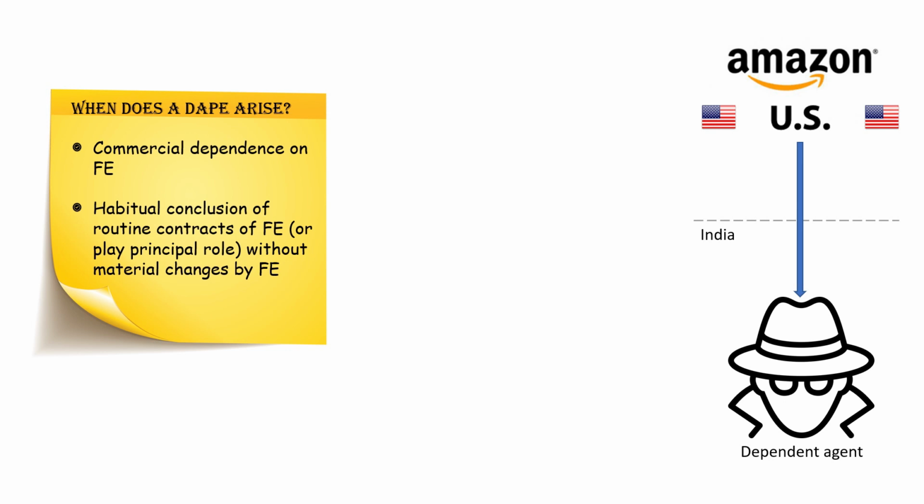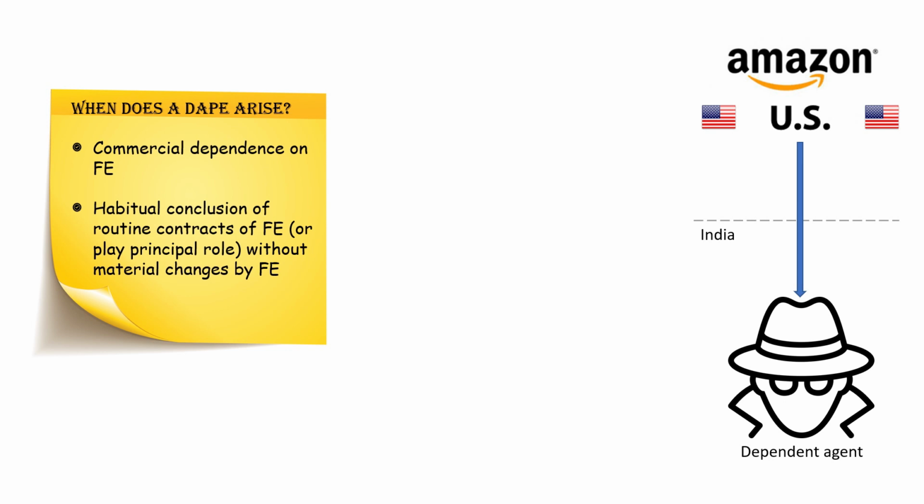Subject to satisfaction of certain additional conditions, the agent may create a dependent agent PE for the US company. Let's understand this in some more detail. A person acting on behalf of the foreign enterprise in the source state and in doing so habitually concludes contracts or plays a principal role in conclusion of contract on behalf of the foreign enterprises.